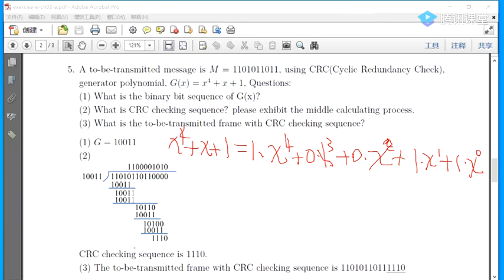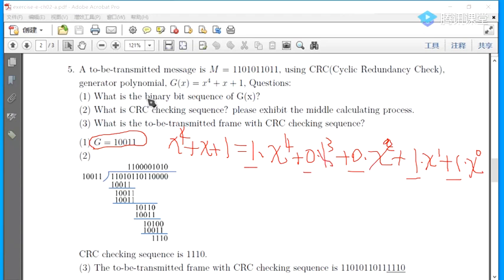So we read the coefficients 1, 0, 0, 1, 1. This is the binary bit sequence: 1, 0, 0, 1, 1.